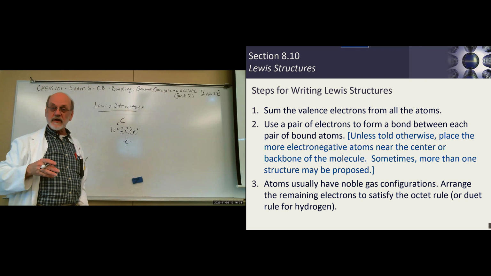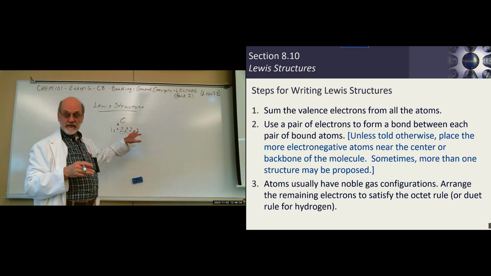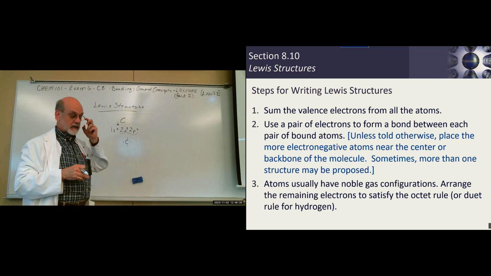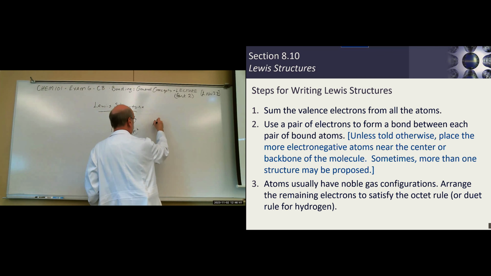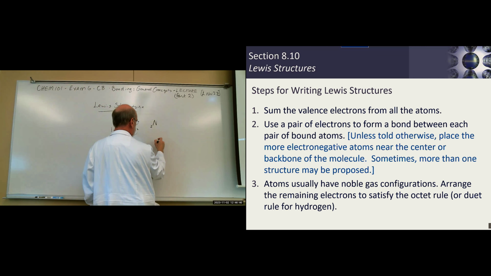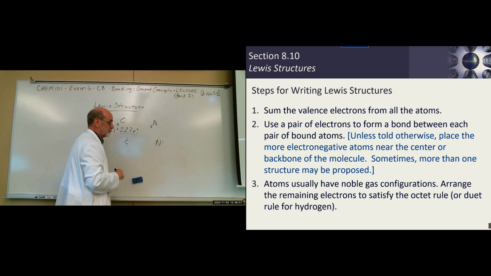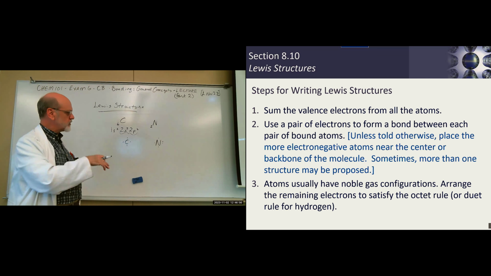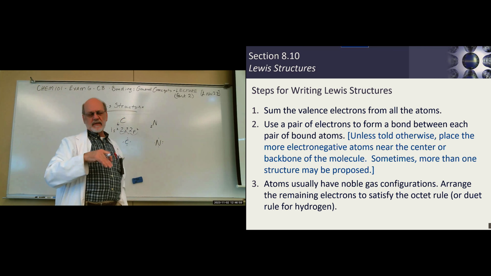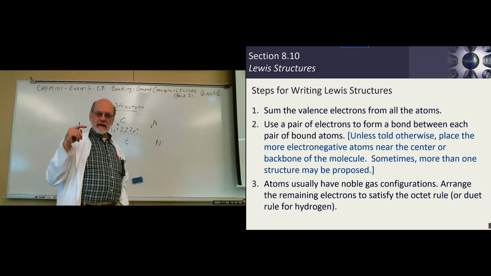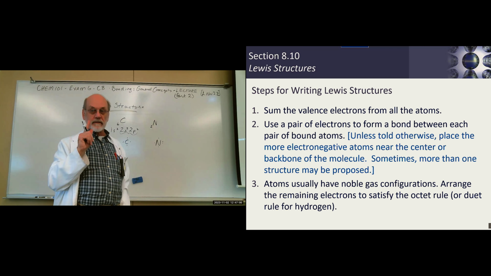We have 4 electrons, and we're only representing the valence shell, which is the highest principal quantum number. So nitrogen with 7 would add 1 here. That means nitrogen would be 1, 2, 3, 4, 5. That would be a Lewis structure for nitrogen. And you can do that with any of the atoms in the second and third period, as long as you're only using the valence shell electrons.